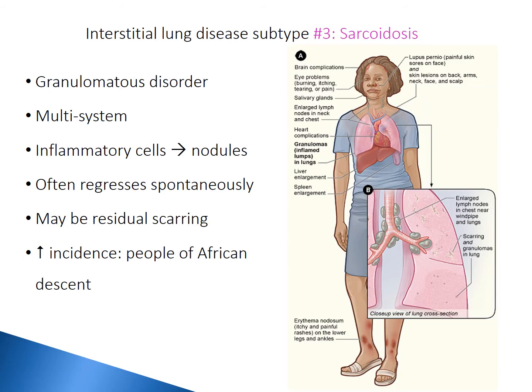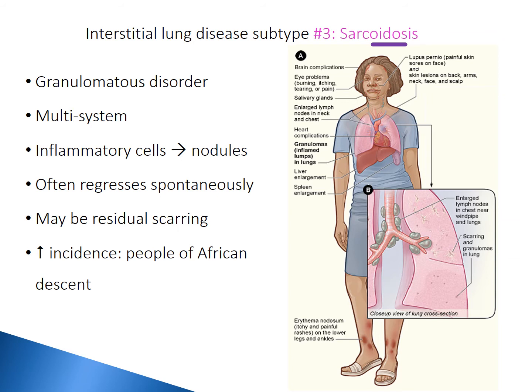The next four types of interstitial lung disease include sarcoidosis, lupus, rheumatoid arthritis, and scleroderma. All fall into the category of systemic, rheumatological, or inflammatory disorders that have a detrimental effect on the lungs. So the first one, sarcoidosis, is a granulomatous disorder, meaning scarring in the form of small, walled-off inflammatory nodules.